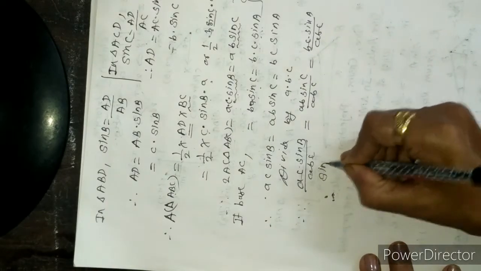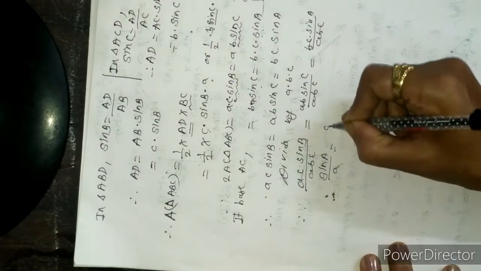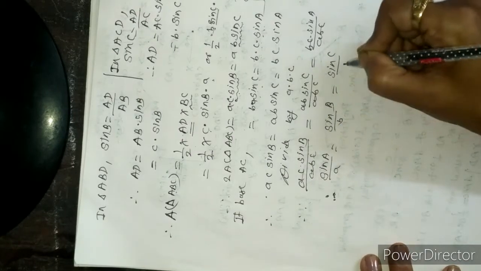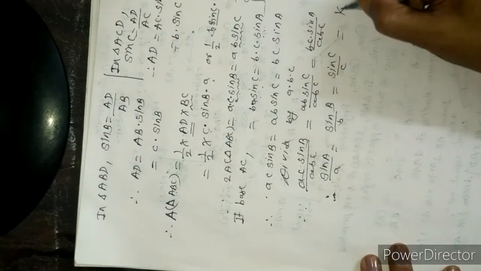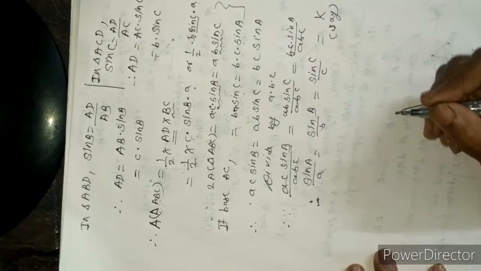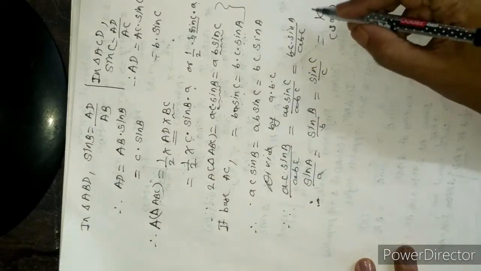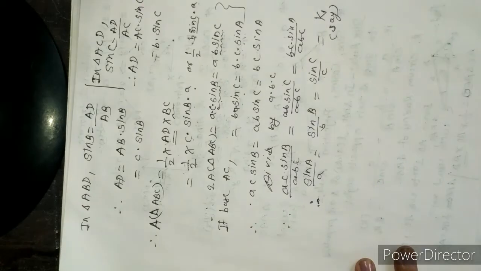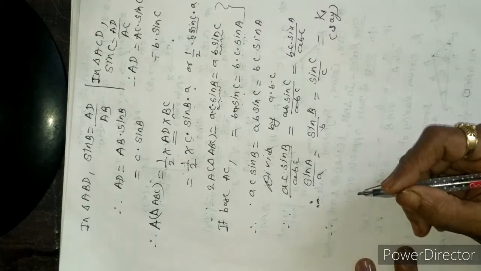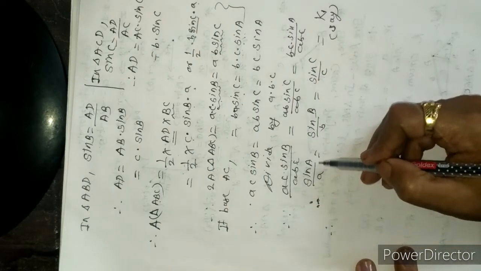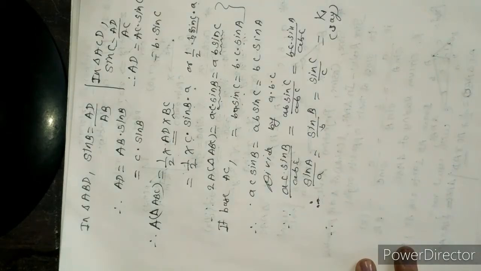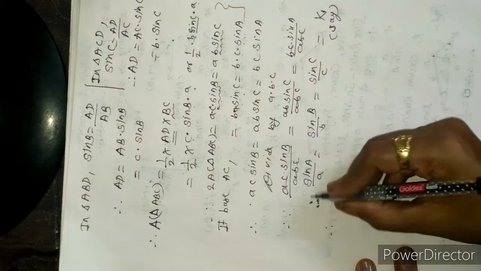So we get the relation sine A upon a is equal to sine B upon b is equal to sine C upon c. We say that is some constant, say K. Or with the help of this, say that is the constant K1, but by using the statement we take their reciprocals, and if the three ratios are equal to each other, then their reciprocals are also equal.